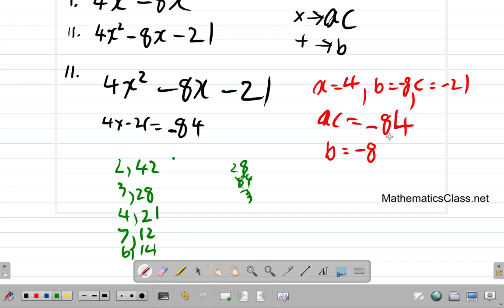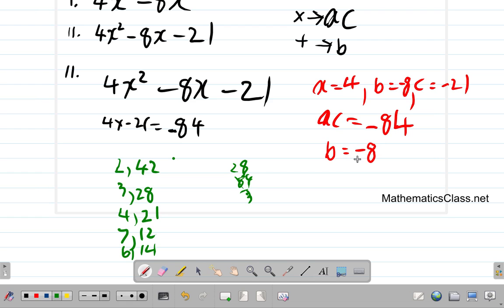Now, 2 of them multiply to give negative 84. Well, all of these multiply to give 84, right? But if you make one of these negative, they will multiply to give negative 84.